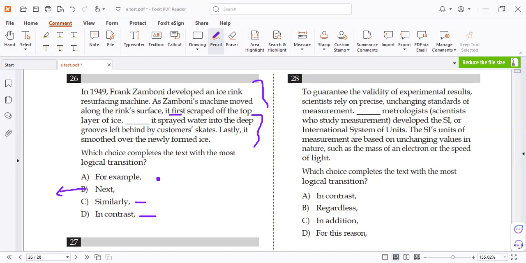Then it should be A. No, actually D. I'm sorry, sir, D. 28 D, correct. For this reason. So that is consequence, for this reason, correct.